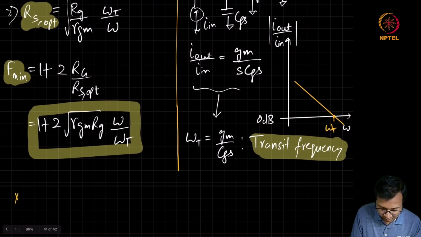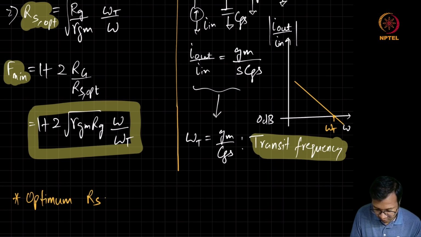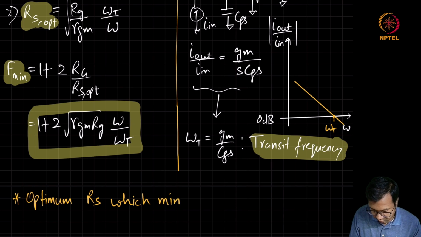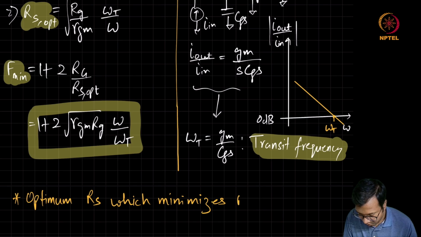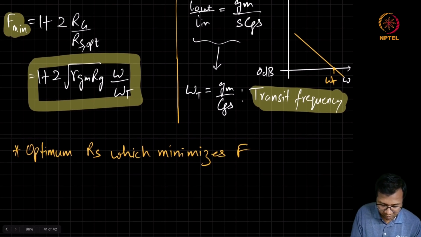So there is an optimum Rs which minimizes F min.